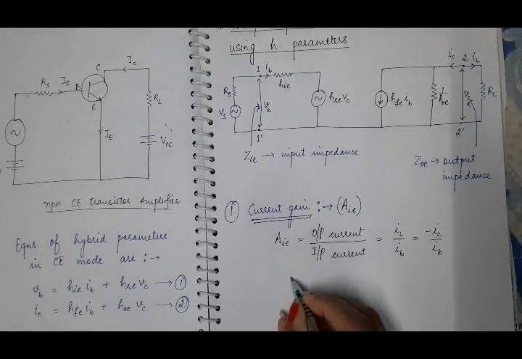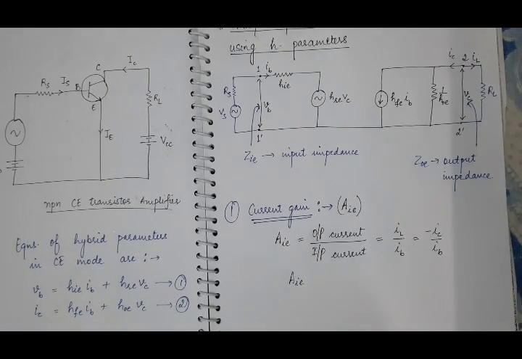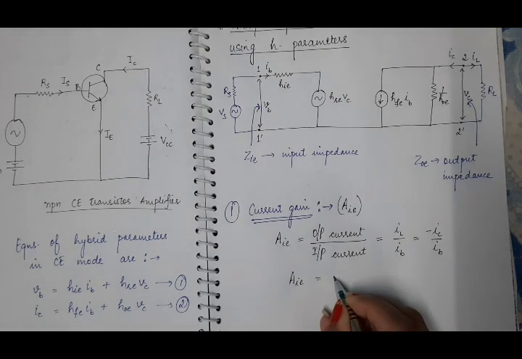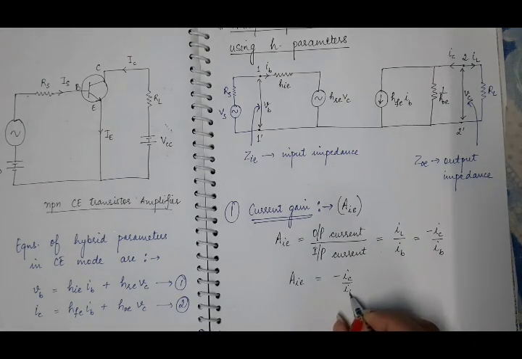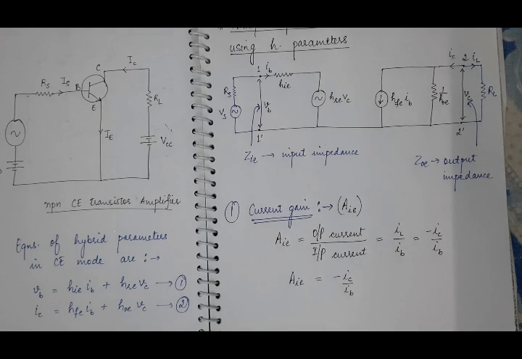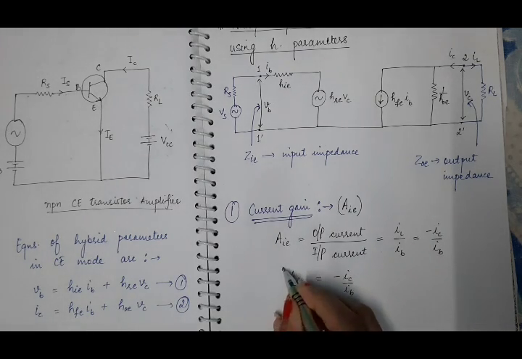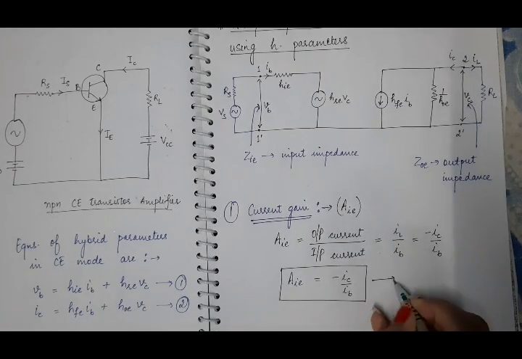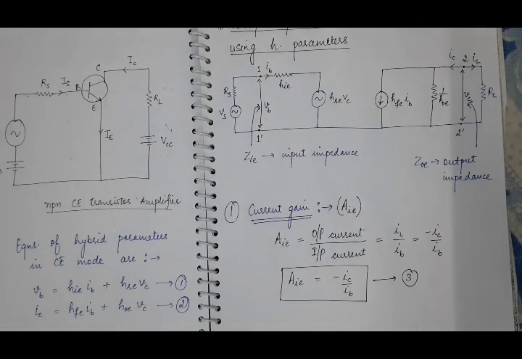So current gain in case of common emitter transistor amplifier is the ratio of minus IC upon IB. And here this negative sign indicates that the output current is 180 degrees out of phase with the input current. Suppose this is equation number 3. Now what we have to find? We have to find the value of IC or IB. Then we will put that IC or IB in terms of H parameters in this equation number 3.